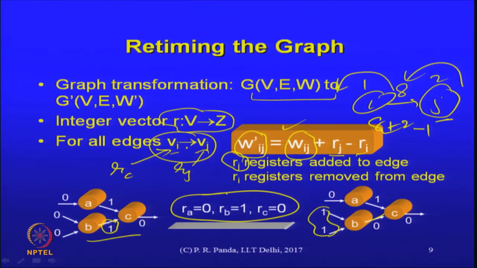So, the edge BC there is plus 0 minus 1, right. C is not being retimed, nothing is coming from C, but B is being retimed, so 1 is being taken out. So, all the edges can thus be recomputed as a result of one retiming vector. This is still only a representation, we are not solving anything yet, but the beauty of this algorithm is that in fact everything is just representation. At the end there is a trivial solution or at least a known solution.